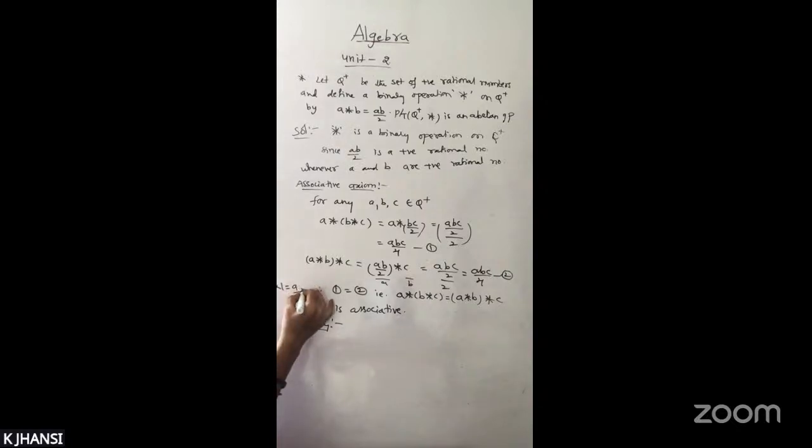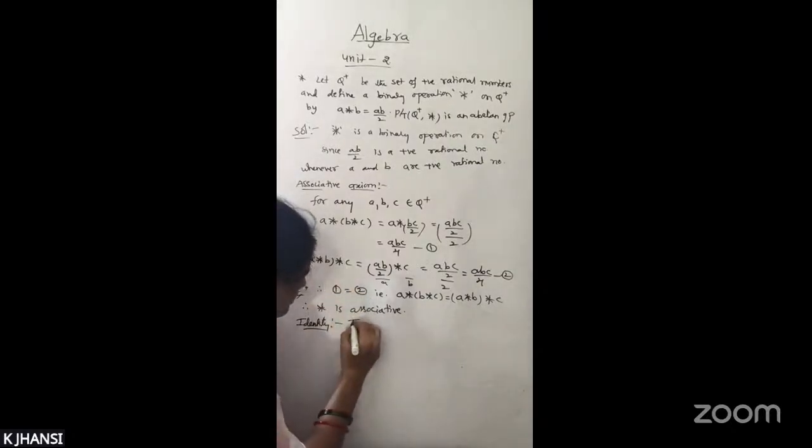So when you multiply with 2, this 2 will get cancelled and you will get the value A. That means 2 is the identity element that satisfies the property A into 1 is equal to A. So the number 2 becomes the identity element.